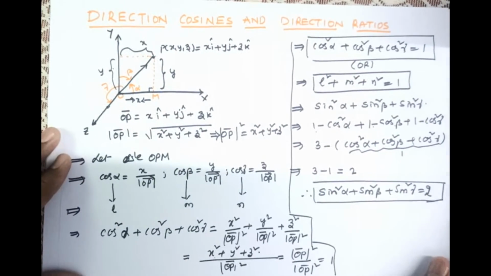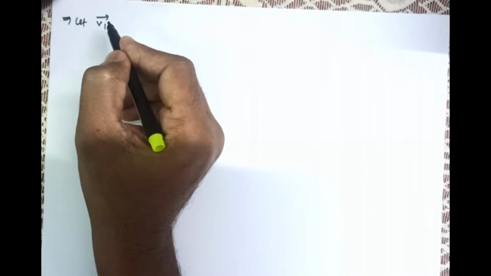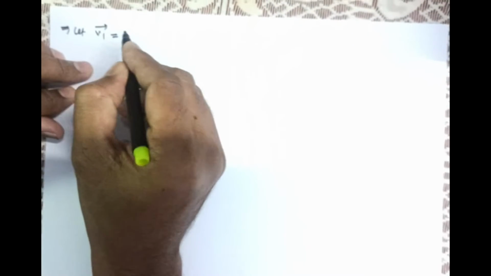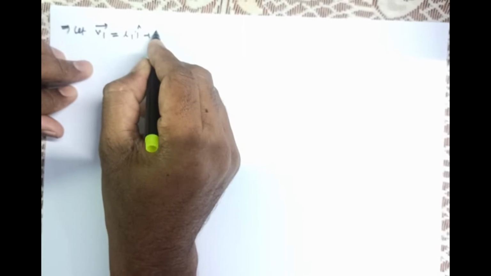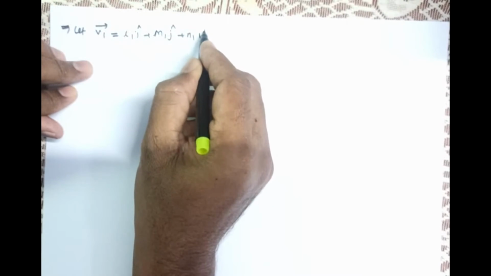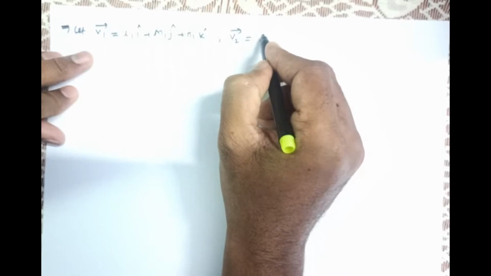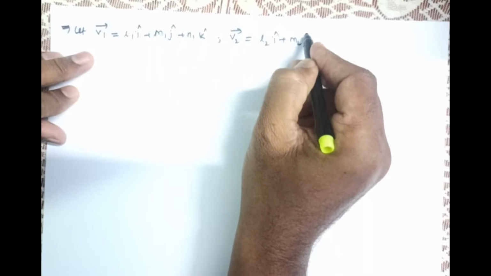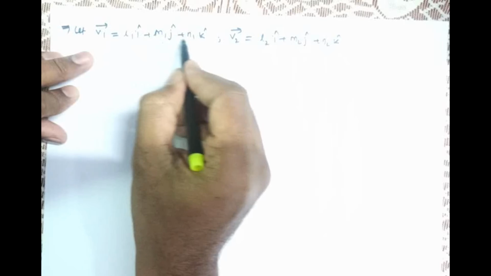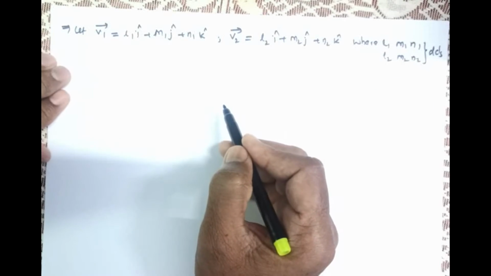Now we can take v1 bar to be any vector L1 i cap plus M1 j cap plus N1 k cap, and another vector v2 bar as L2 i cap plus M2 j cap plus N2 k cap, where L1, M1, N1, L2, M2, N2 are called DCs.